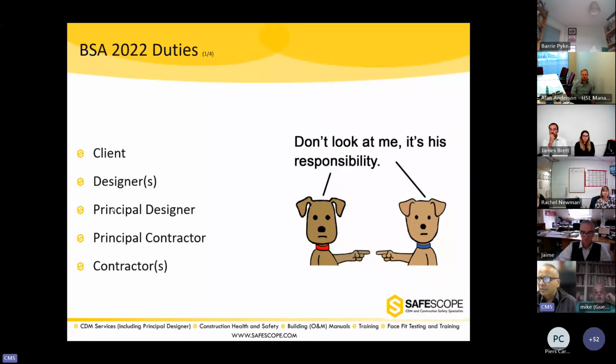Yep. So we're on slide 104. It's almost a similar situation as we have in CDM regulations. There will be the, no, it's not my responsibility, it's your responsibility, etc., particularly when it comes to the principal designer duties. Now, as we said before, there are duties on the client, duties on all designers, and duties of the principal designer appointed or by default.